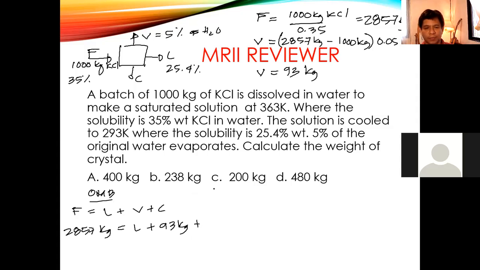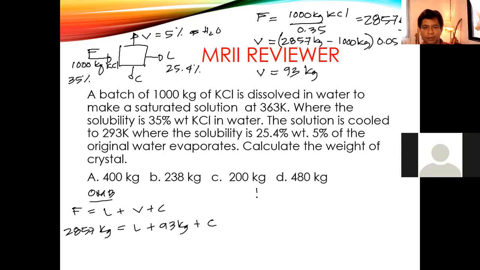It may be off by plus or minus 1 kilogram, but you'll still get the correct letter. So C, the crystal, is unknown. This is the first equation.